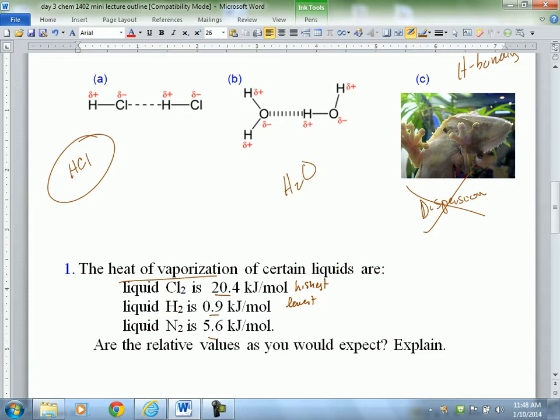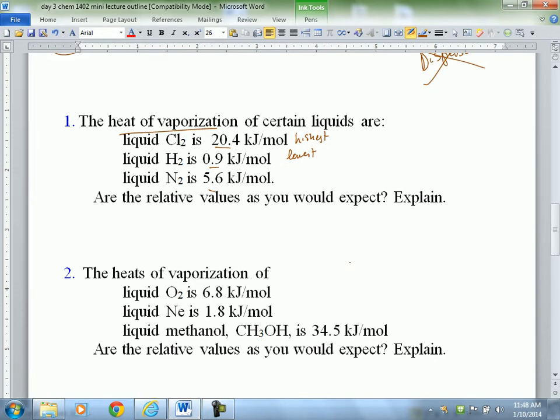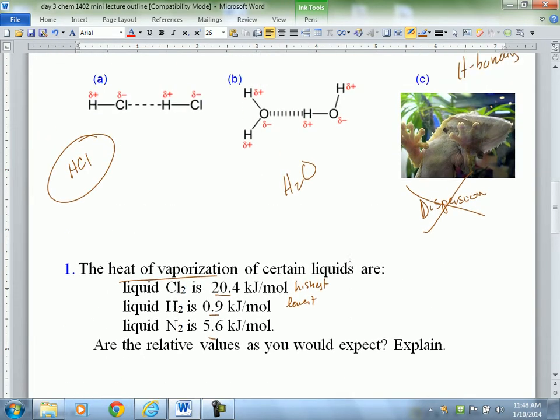Now the trick to answering these types of questions in the homework is to look at each compound and identify what type of intermolecular force it has. So chlorine, hydrogen, and nitrogen all have the exact same intermolecular force. Which kind is it? It has to be London dispersion, because all of these are nonpolar.